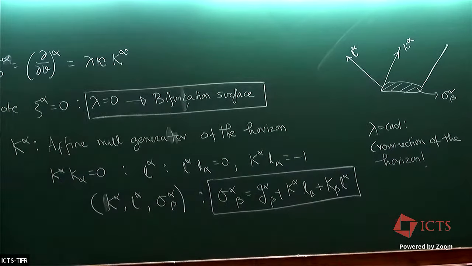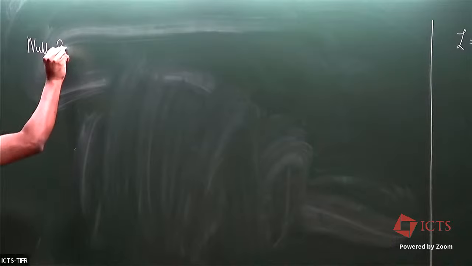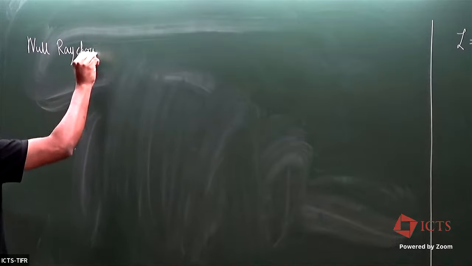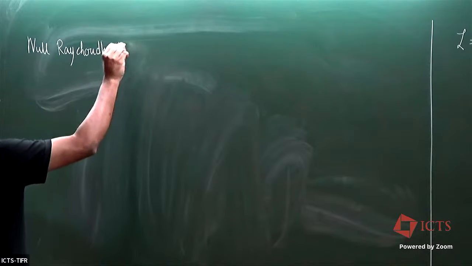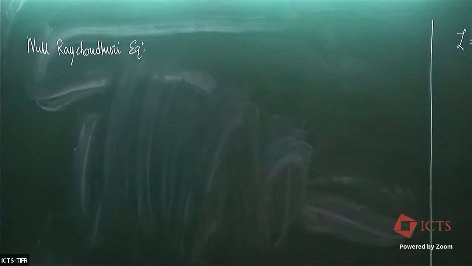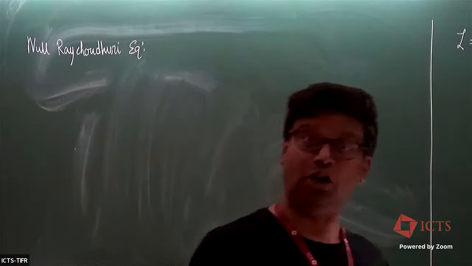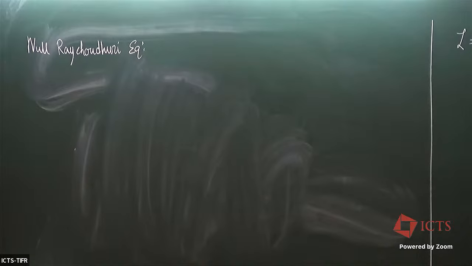As I told you yesterday, that is the Raychaudhuri equation, the null Raychaudhuri equation. The null Raychaudhuri equation basically says how the rate of change of expansion, or the second derivative of the area, changes across the null direction.